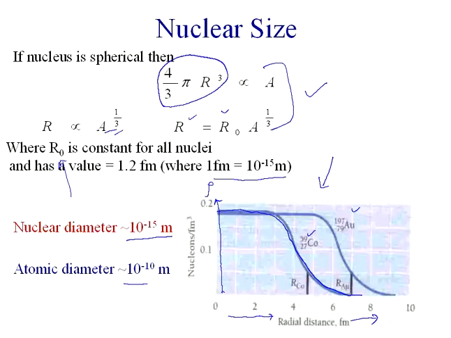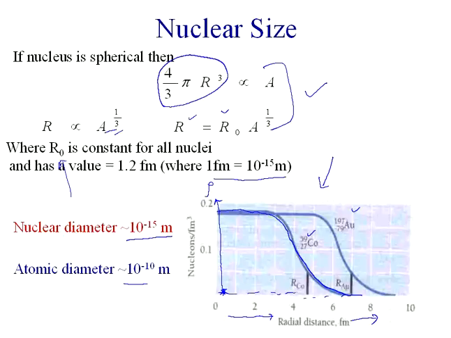It is maximum at the center, and then gradually decreases. So the density distribution is not uniform. It is maximum at the center of the nucleus and falls as we move from the center to the boundary of the nucleus. And the second point is that the nucleus has no well-defined boundary.